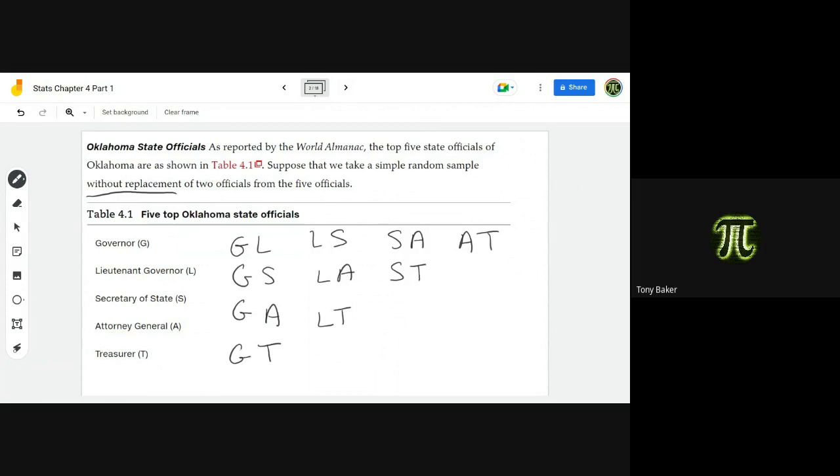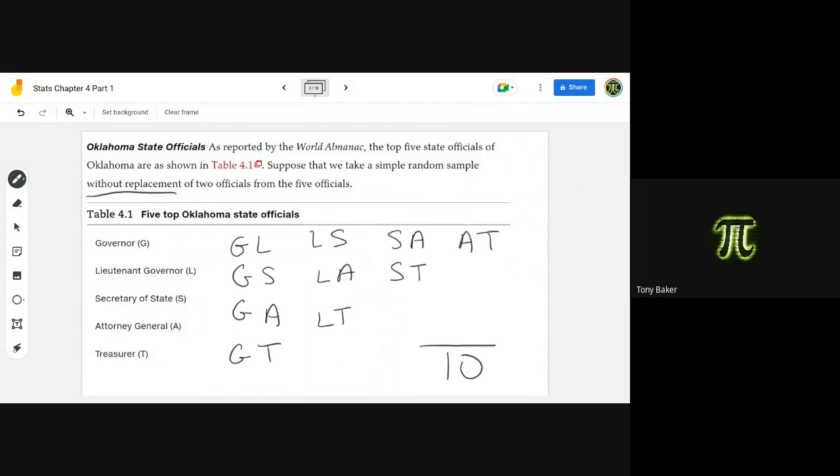All right, so how many different options or combinations do I have? 10. So my bottom probability number will be 10. How many outcomes did the treasurer get picked in? 4.